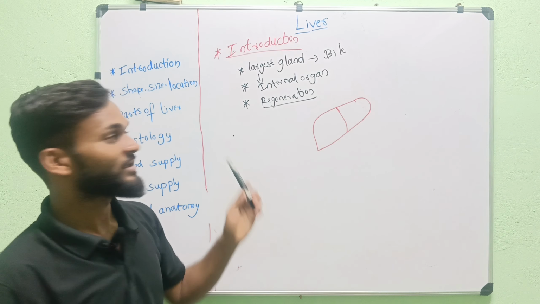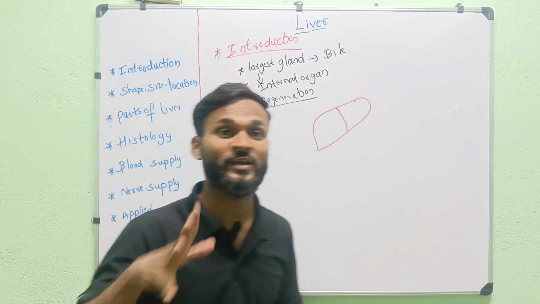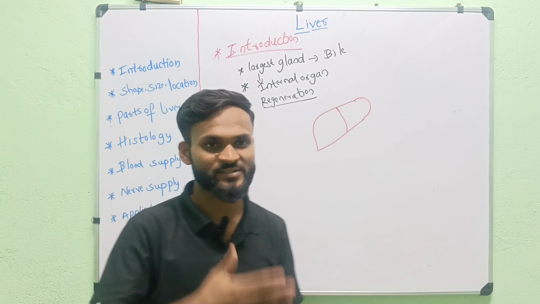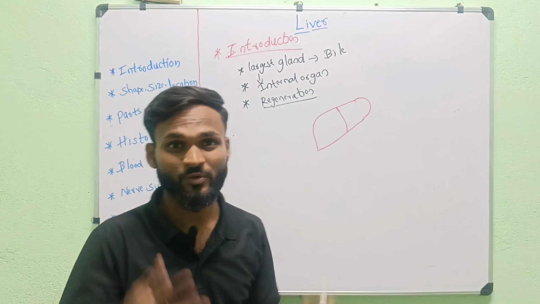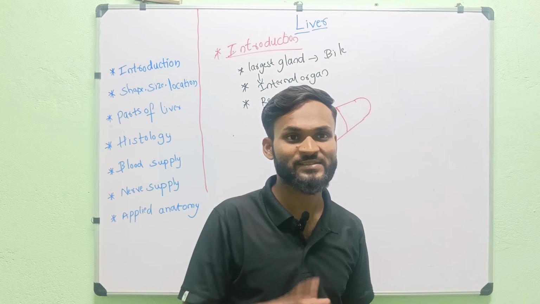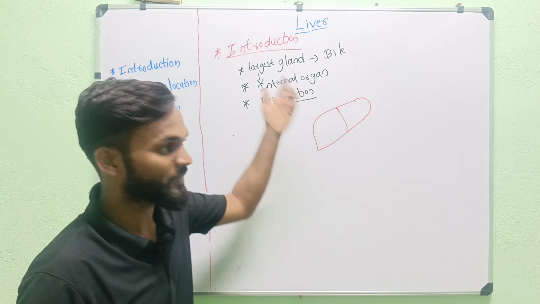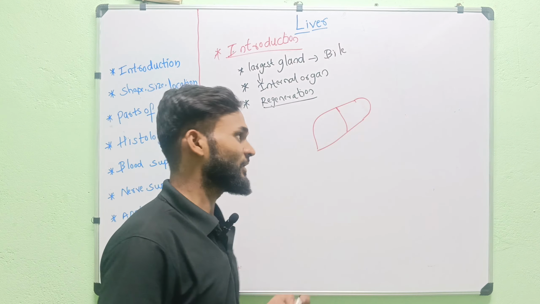It is known as regeneration, and it performs more than 500 functions in our body. Examples: digestion, metabolism of fats, carbohydrates and protein. It also produces the bile. Also it stores many vitamins such as A, D, E, K. All these things are performed by your liver. It is all about the introduction of your liver.